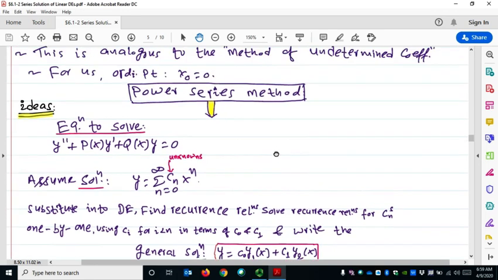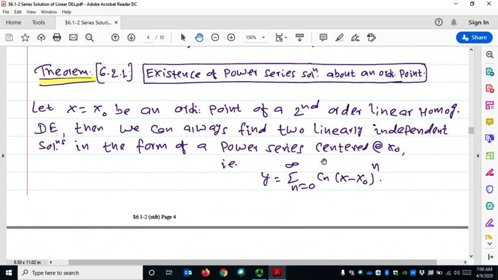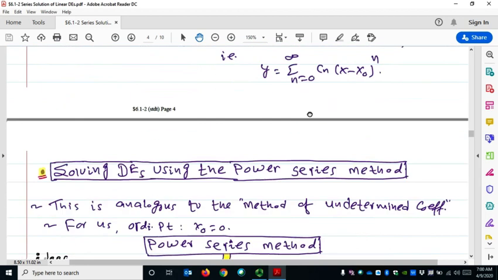Let me recall that theorem here. It says the solutions exist, so we don't need to worry about the existence part. We can always find two linearly independent solutions in the form of power series. So now we have y1 and y2.